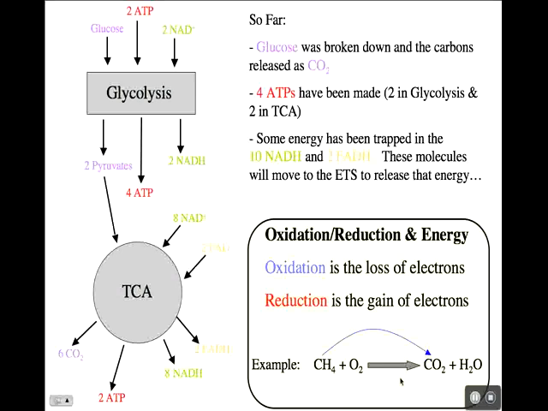On the other side, oxygen is getting turned into water. So is oxygen gaining or losing electrons? It's gaining electrons. How do I know? Because the H's always travel with the electrons. So oxygen is gaining hydrogens, H's, in this reaction. Therefore, it is becoming reduced.